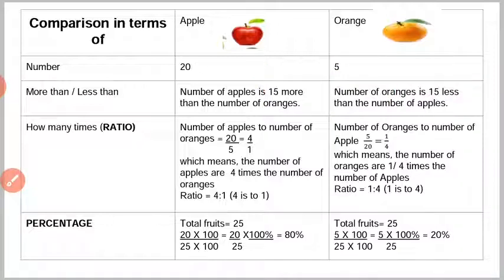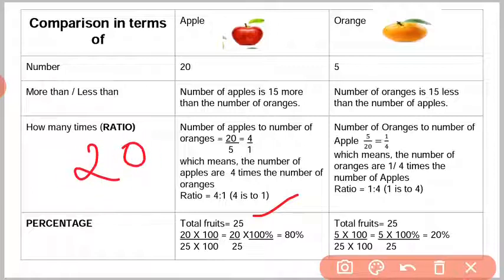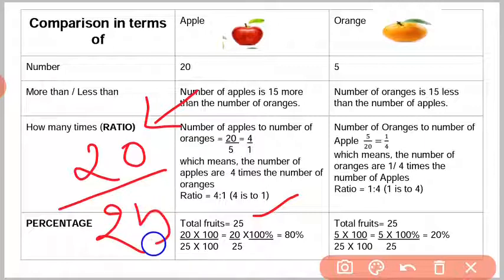Now next comparison is based on percentage. Since we have total fruits equal to 25 and we know how we can calculate a percentage, we write the number which is present. If we want to calculate the percentage of apples, write down the number of apples you have and then write down the total fruits.